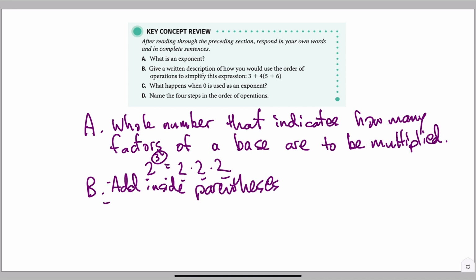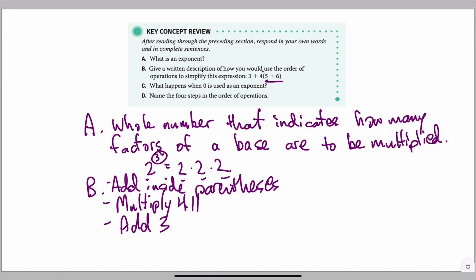Step 2 would be to multiply, right? So you add the 5 and the 6, then you multiply the 4 times the result. 5 and 6 is 11, so 4 times 11 is 44. And then you add the 3 to that. So multiply 4 times 11, and then add 3. And so that's how I would describe it in words.